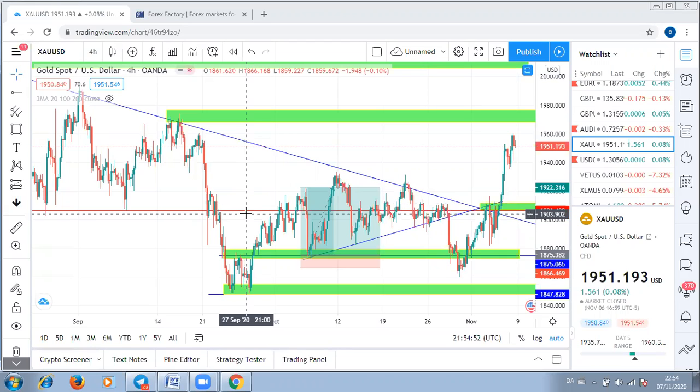So on Sunday, I would like us to go through the pairs that I'll be looking at for the new trading week. So there are some pairs that I have on my watch list, but we'll discuss them more on Sunday. So if you have any suggestion of maybe something you want us to talk about on Sunday before we look at the pairs, you can send them to me.